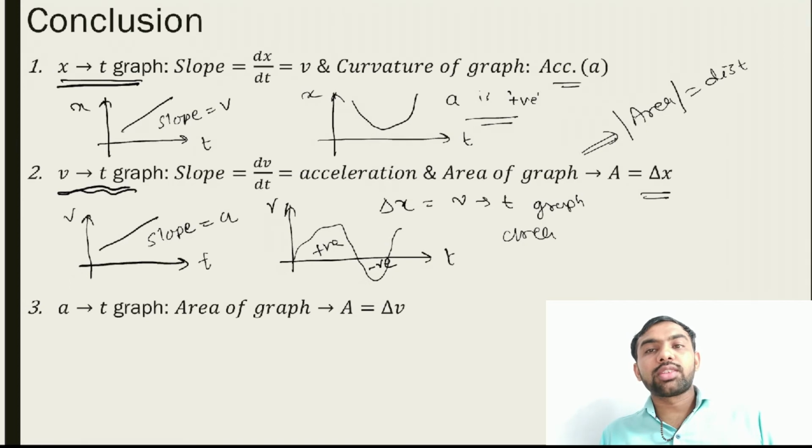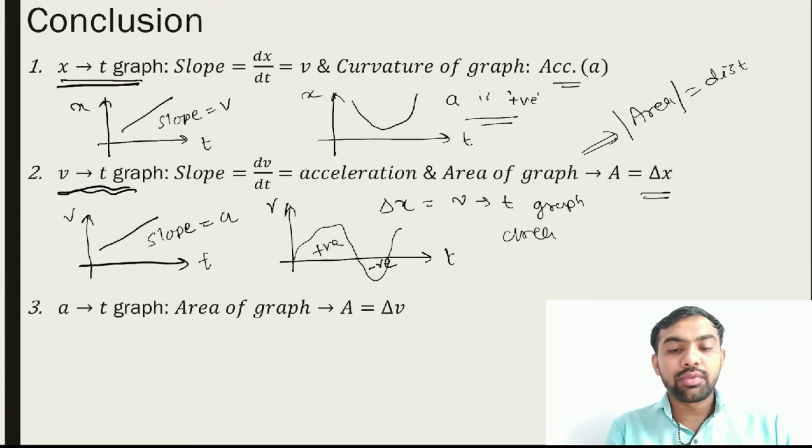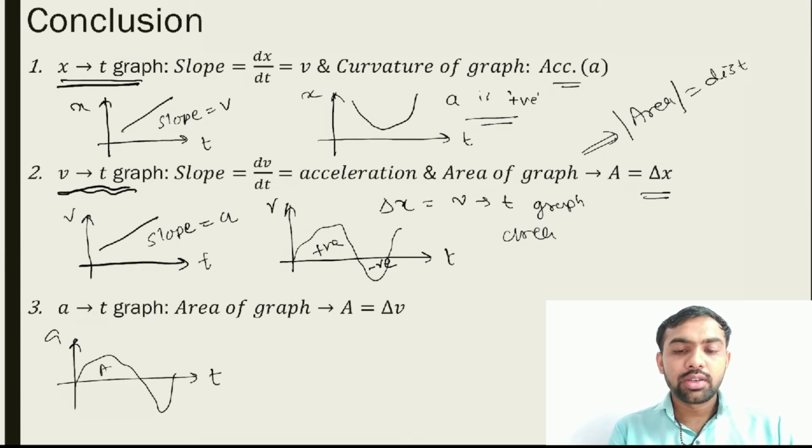See, each graph gives some data. x वर्सेस t ग्राफ स्लोप इज वेलोसिटी, x वर्सेस t ग्राफ कर्वेचर इज एक्सेलरेशन, v वर्सेस t ग्राफ स्लोप इज एक्सेलरेशन, v वर्सेस t ग्राफ एरिया इज डिस्प्लेसमेंट. Similar a versus t graph: if you draw the a versus t graph and you find the area, so a1 and a2, then area is equal to what?